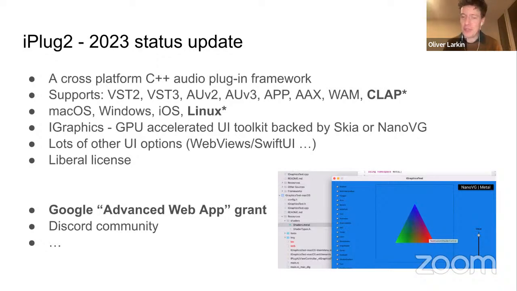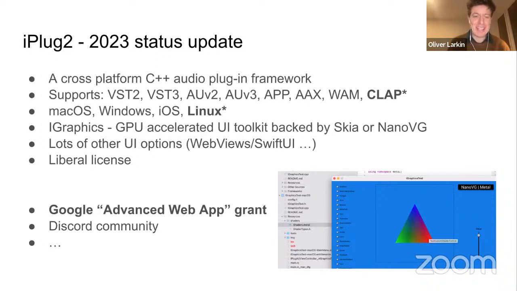Another bit of good news was that we got a not insignificant amount of money via this Google Advanced Web Applications grant, and hopefully that's going to enable both me and Alex, my main collaborator, to work on it a bit ourselves, but also to get some other people involved to add some important features like accessibility and improving the web side of things.